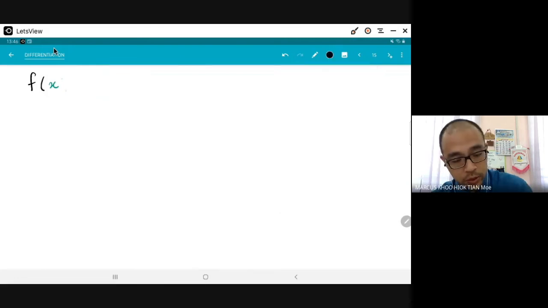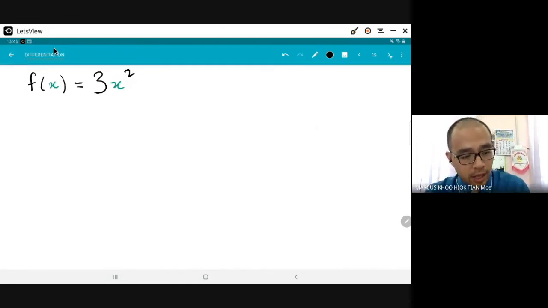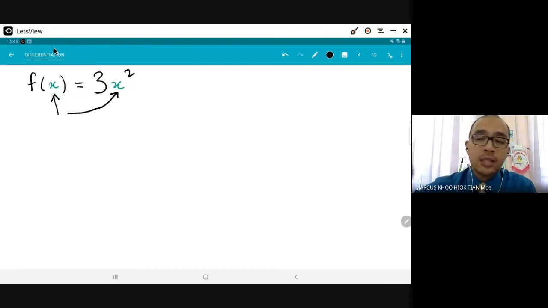equals 3x squared. Notice this is from function, last year chapter 1. Apa-apa yang di dalam objek ini mesti ditulis balik di sini. Kalau benda dalam kurungan berubah, di dalam x yang sebelah lagi itu mesti berubah bersama-sama. So we write it down.